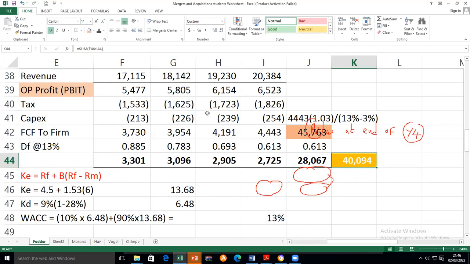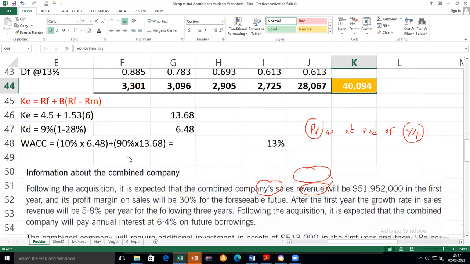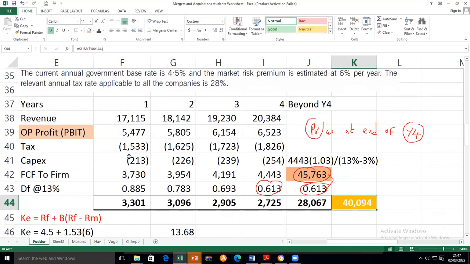This is the market value of F using the free cash flow method. So all the future cash flows to be generated by this company, when you discount them, we're getting a value of 40,094. And today, that's where I want to end our story.